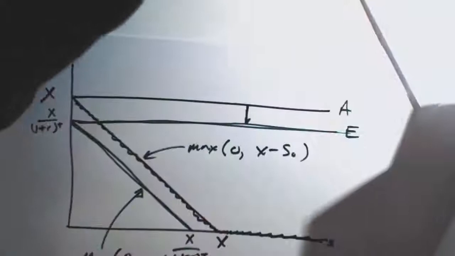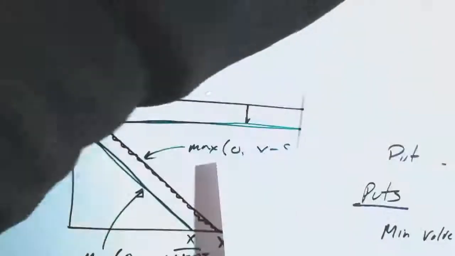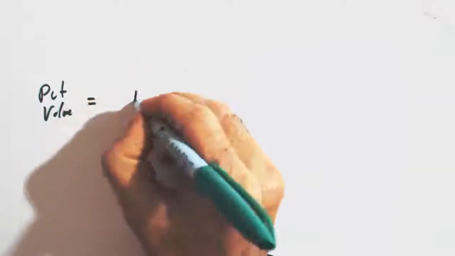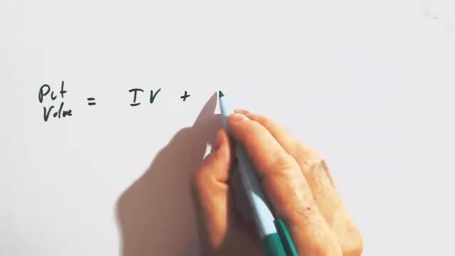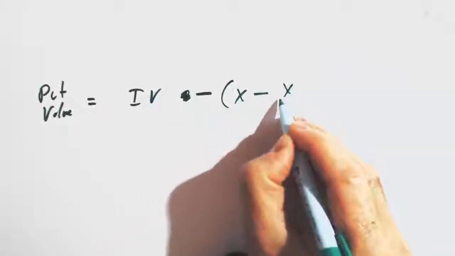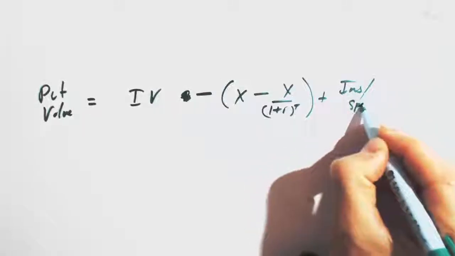So, let's see. Let's write it out. The put value, recall, we said was the maximum of 0 and the intrinsic value, minus X minus the present value of X, plus the insurance speculative value.